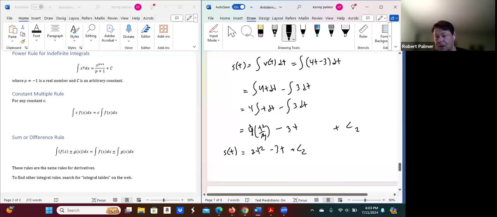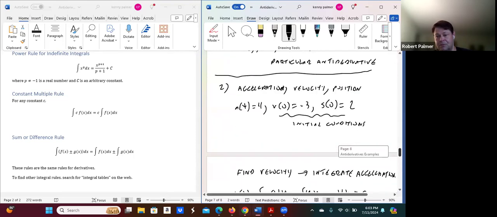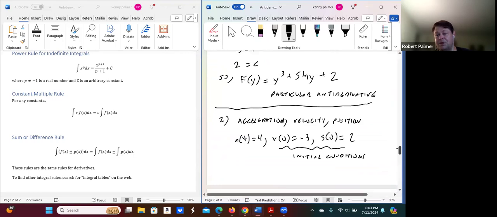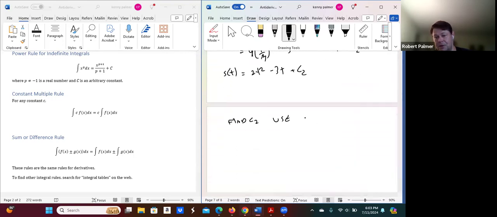Okay, and then just like I did before, I want to find c2. I'm going to use the value I was given for my position function, s of 0, initial condition, s of 0 is equal to 2. So plug that in. So this whole thing is equal to 2. Then replace the t with 0.